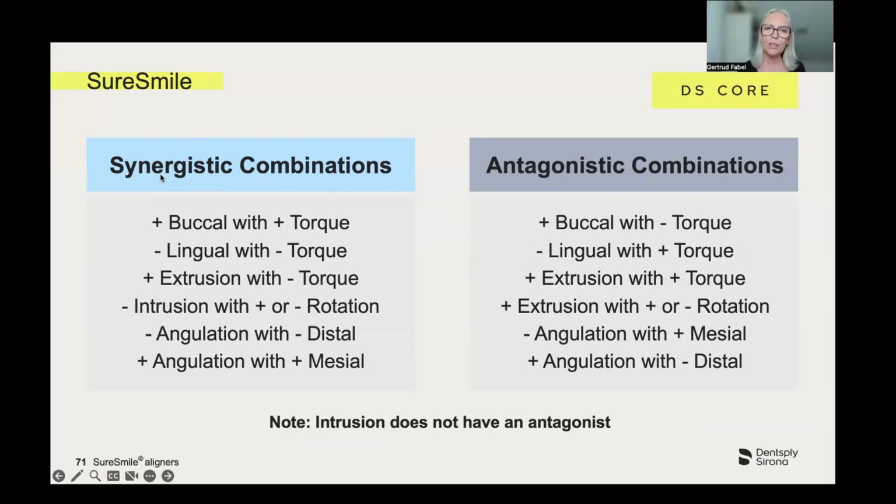But the combination of synergistic movements, like a positive buccal and a buccal movement with a positive torque, or a negative lingual and a negative torque movement, leads to an increasing speed of the whole treatment, while antagonistic combinations reduce the speed.